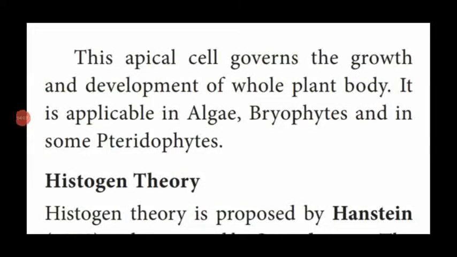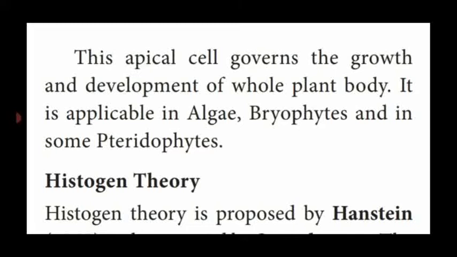In the previous paragraph we have seen a single apical cell is the structural and functional unit. So the single apical cell only maintains or governs the growth and development of the whole plant body. That is why I told you it is a structural and functional unit of a plant cell.